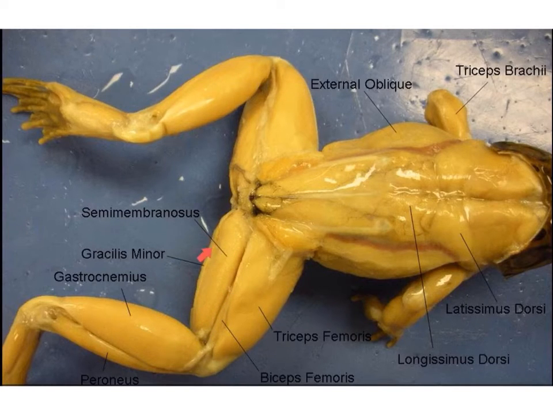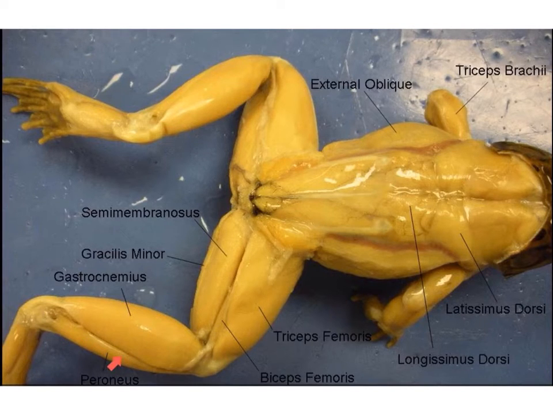The gracilis minor runs right across here. We see the gluteus muscle running here and right across there. The opening here is the cloaca. The large calf muscle is called the gastrocnemius. Where it attaches at the bottom is the Achilles tendon. Running right across here we have the peroneus longus.